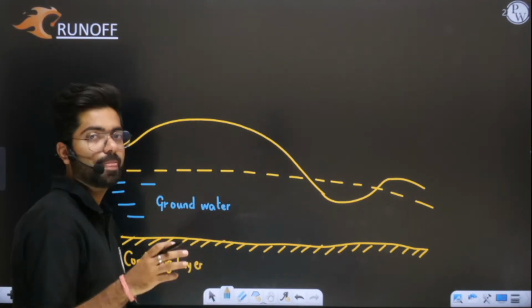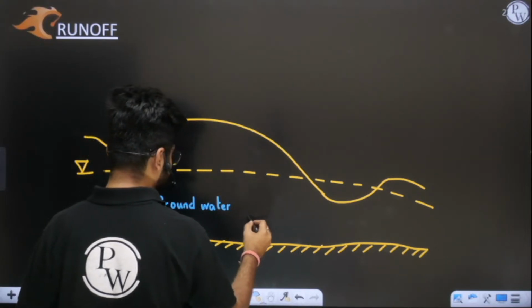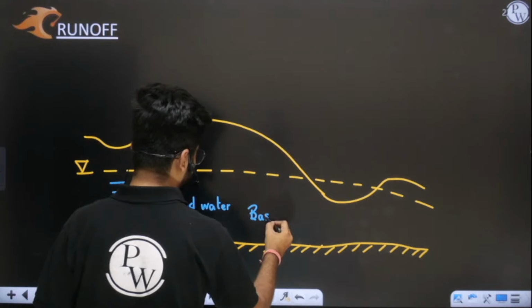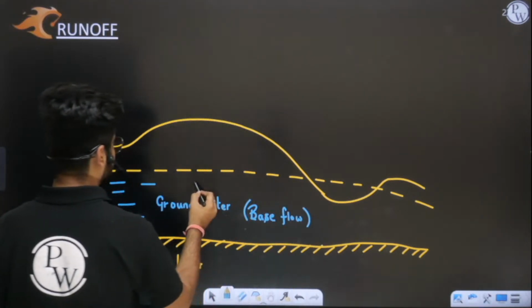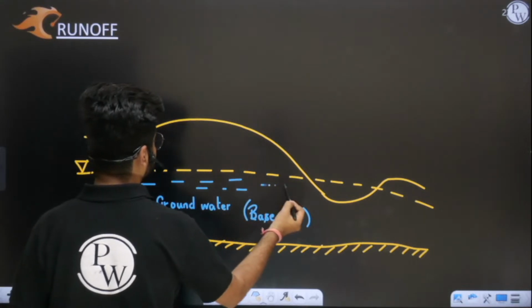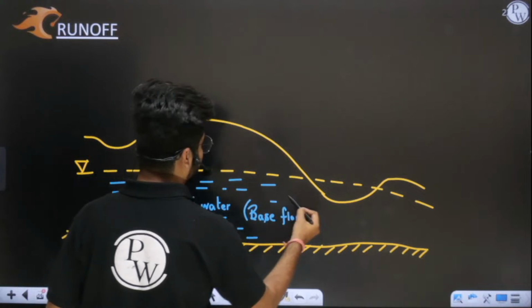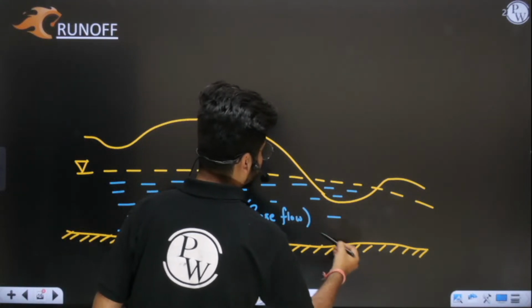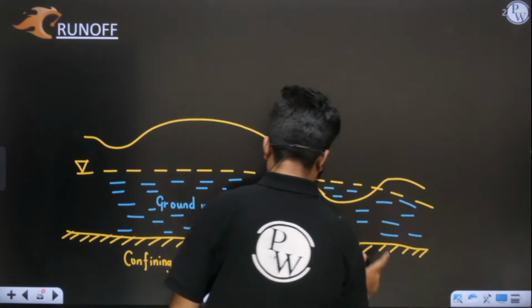This is your groundwater, and let us say this is your base flow, the flow which is taking place at the bottom. This is your groundwater.